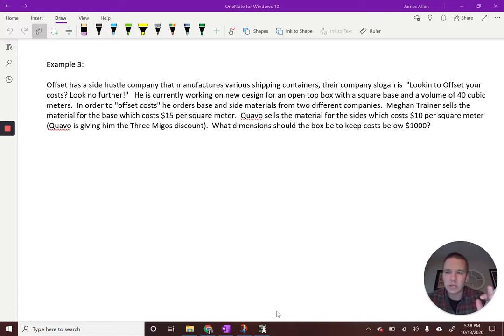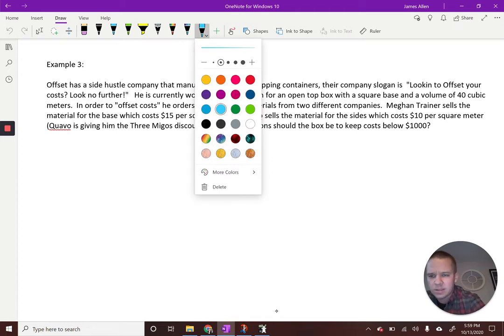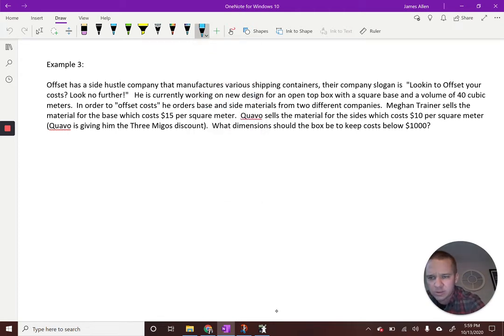First thing, let's draw a picture of this box. So I have a square base box. Let's see here. So I'll do a square base like so. Actually, I'm going to do it this way, because I know it's going to be hidden. Okay.